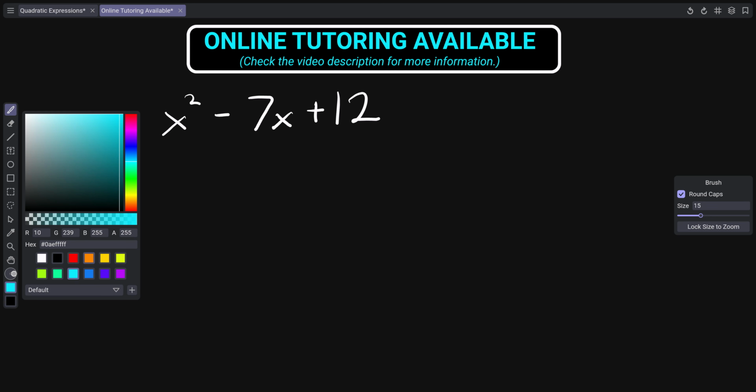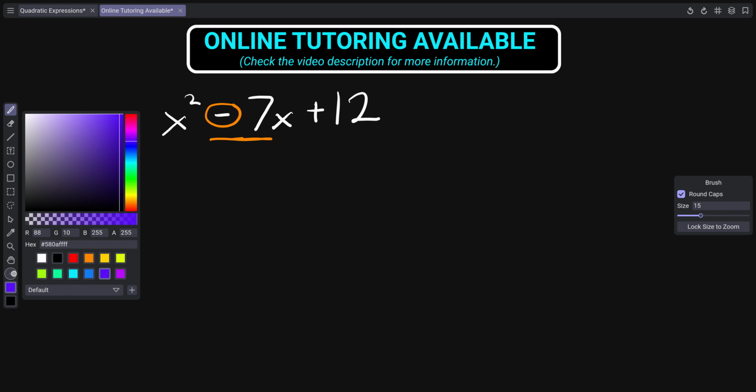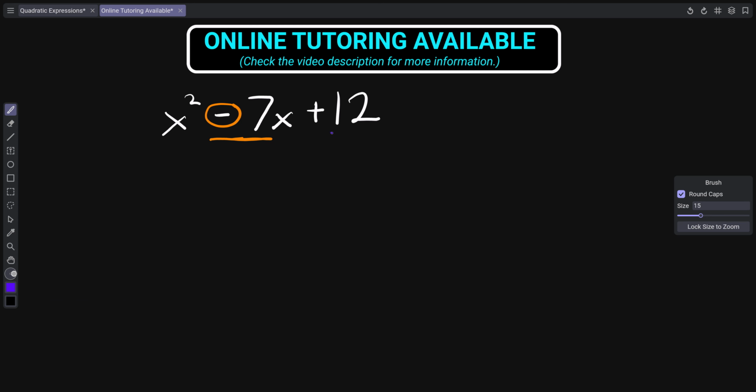You have to take a look at the sign that you have here. So which two numbers would add to create negative 7? And which two numbers multiply to create 12?